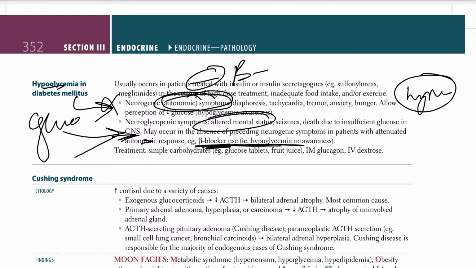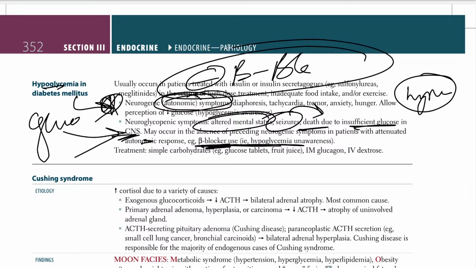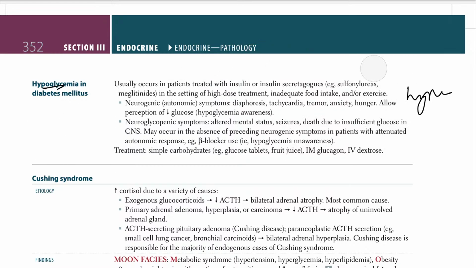I'm going into altered mental status, seizures, and then death if there is insufficient glucose. And who's blocking all these normal symptoms? Your beta blocker. So what is the important thing? Beta blockers mask hypoglycemic symptoms. Here they mention hypoglycemic unawareness because you are not aware of those hypoglycemic symptoms.